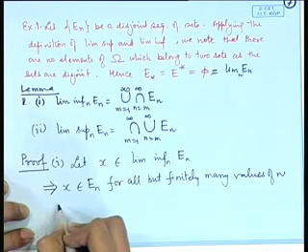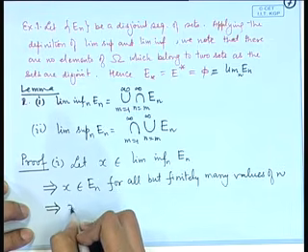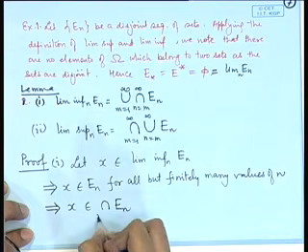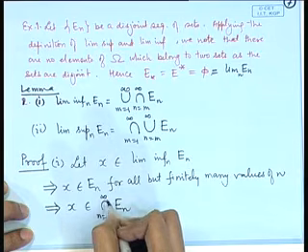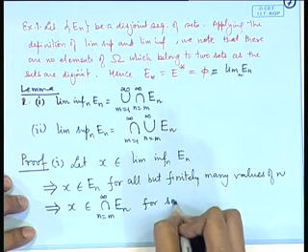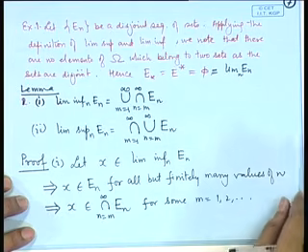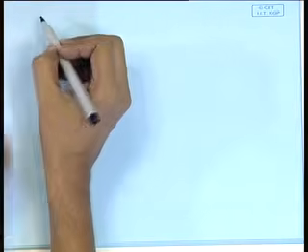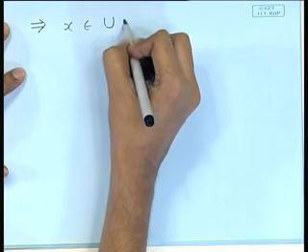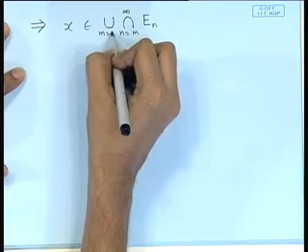This implies that from a given m onwards, x will belong to all the sets E n. That means, x will belong to the intersection of E n, n is equal to m to infinity for some m is equal to 1, 2, etc. Clearly, this implies that x belongs to union intersection E n, n is equal to m to infinity and m is equal to 1 to infinity.